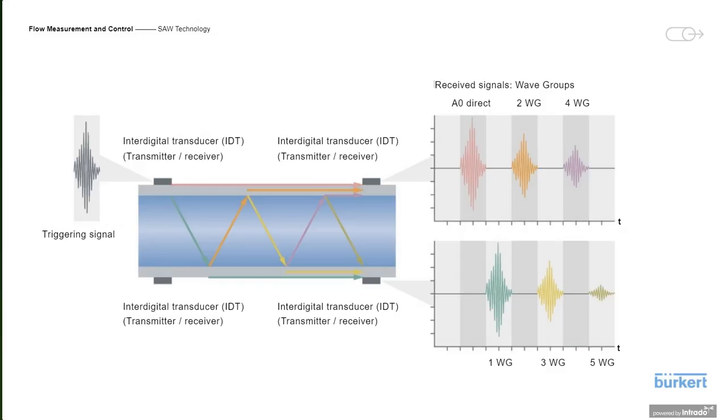Again, a part of this energy gets reflected, and now it's the orange path I'm following to get reconverted on the top pipe as a surface acoustic wave and giving a second wave group in orange, and so on and so on. So you see a multiple reflection in that pipe that is using the law of total reflection.